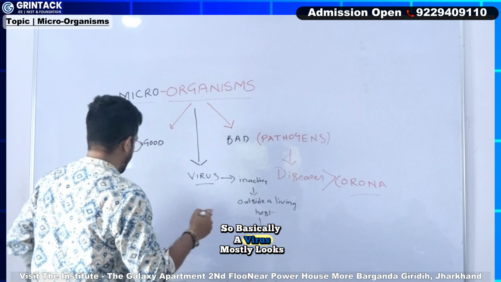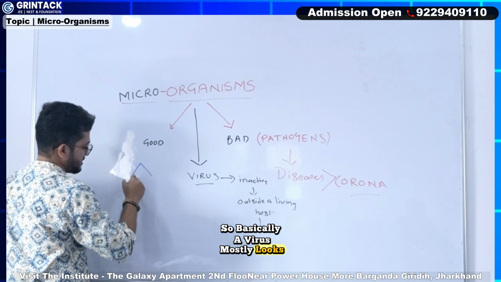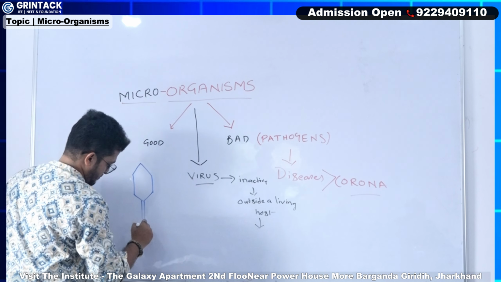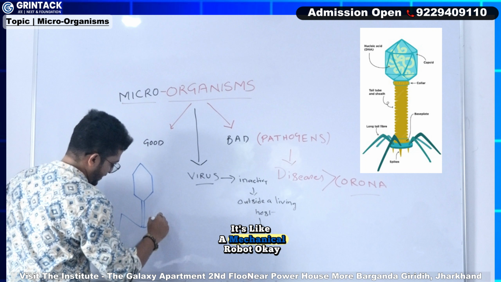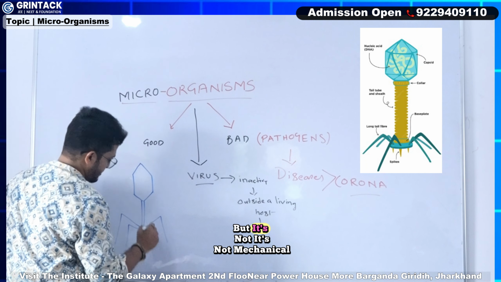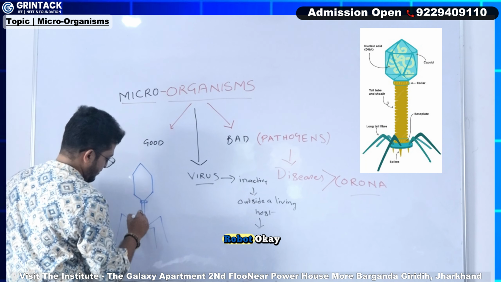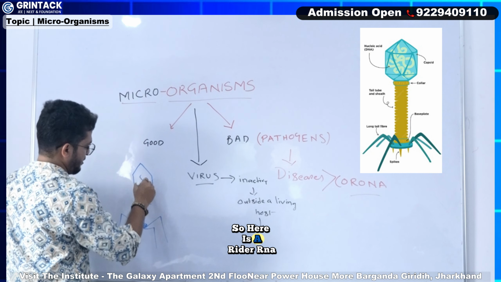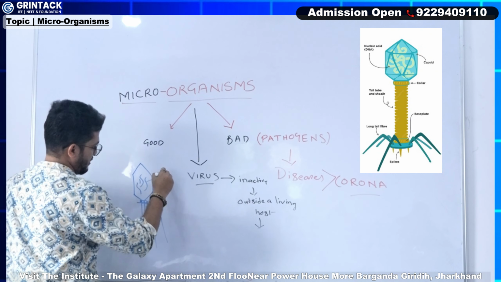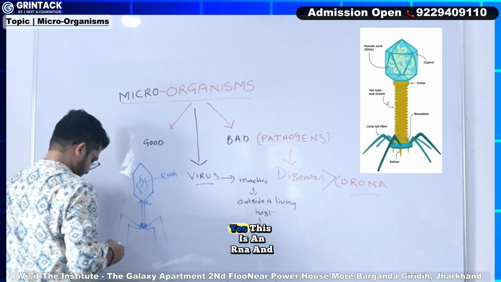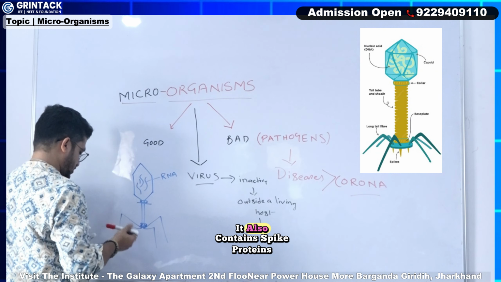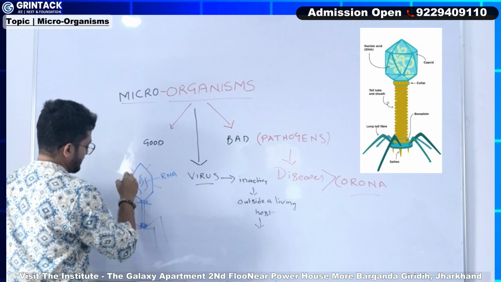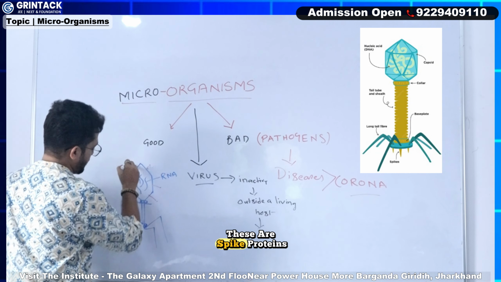A virus mostly looks like a mechanical robot, but it is not a mechanical robot. It looks like this. Here is the viral RNA, and it also contains spike proteins.